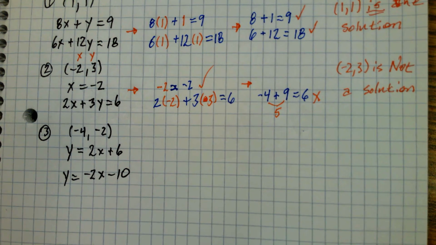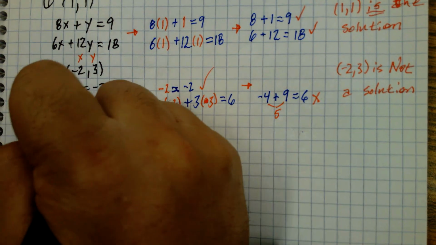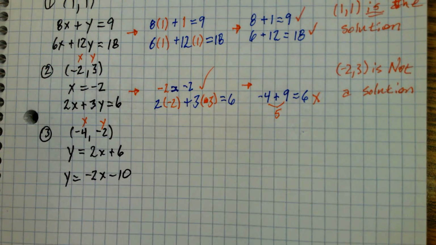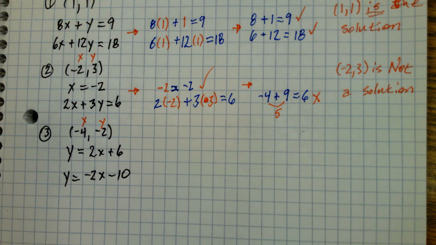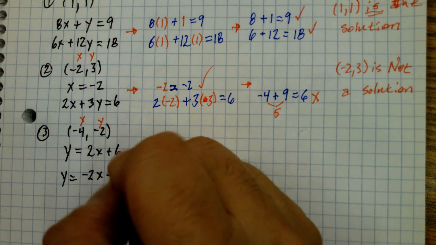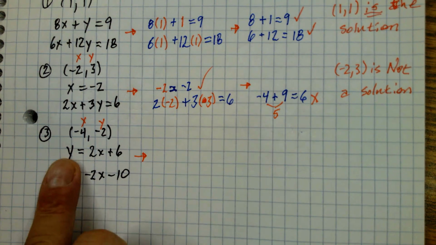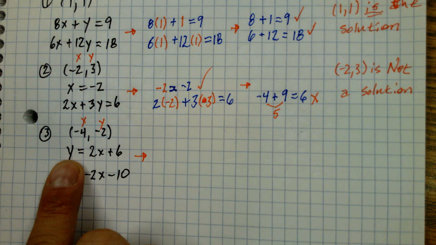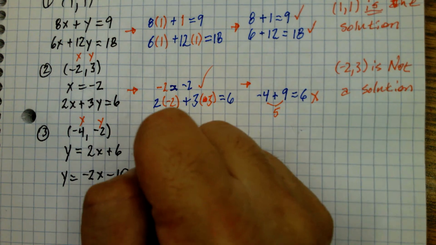Okay? All right. So we're not graphing these. We're going to replace x with negative 4 and y with negative 2. Okay. So let's do it. So I see here it starts with y, but what number am I going to replace for y? Negative 2. So let's start with that.